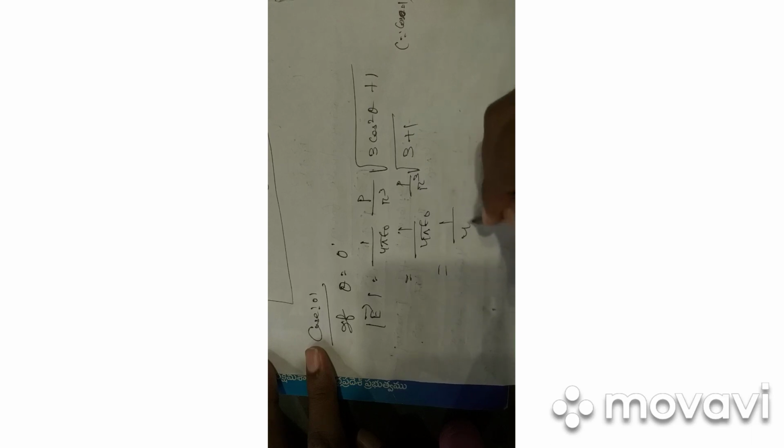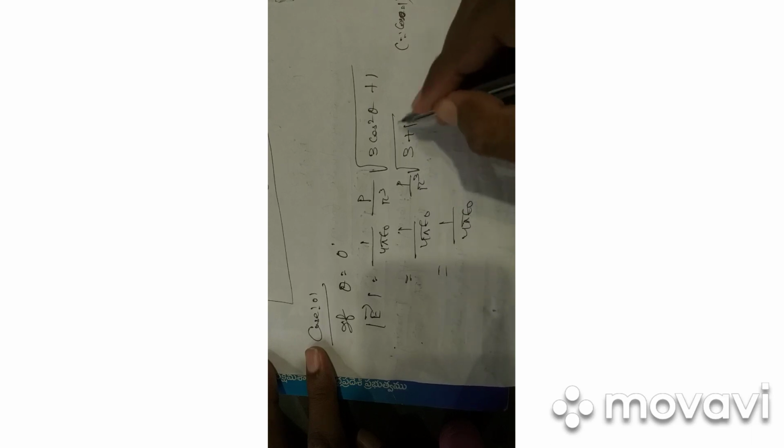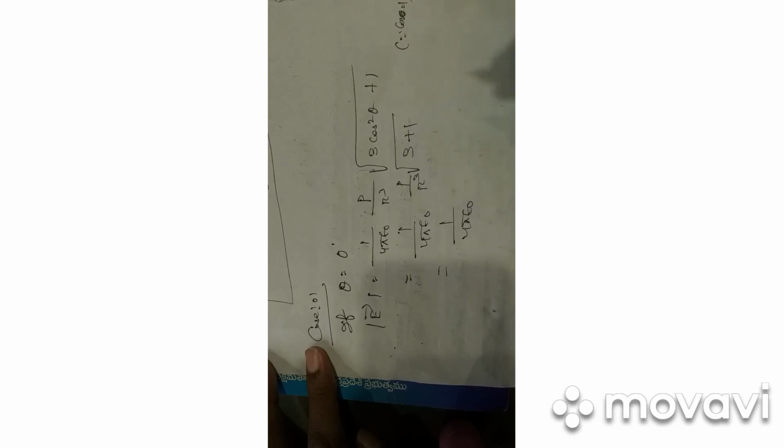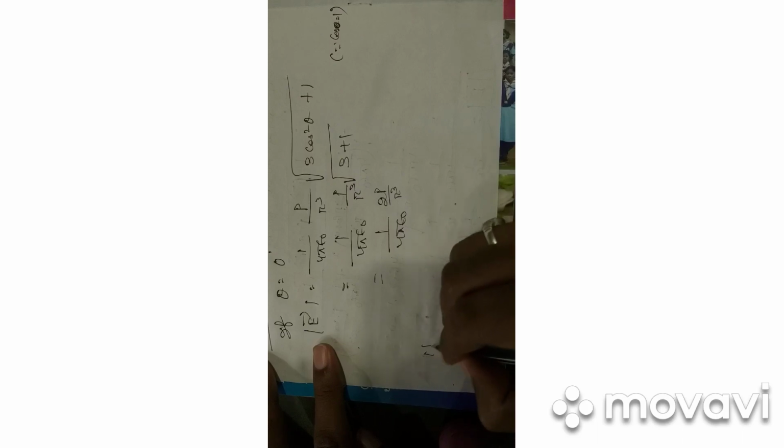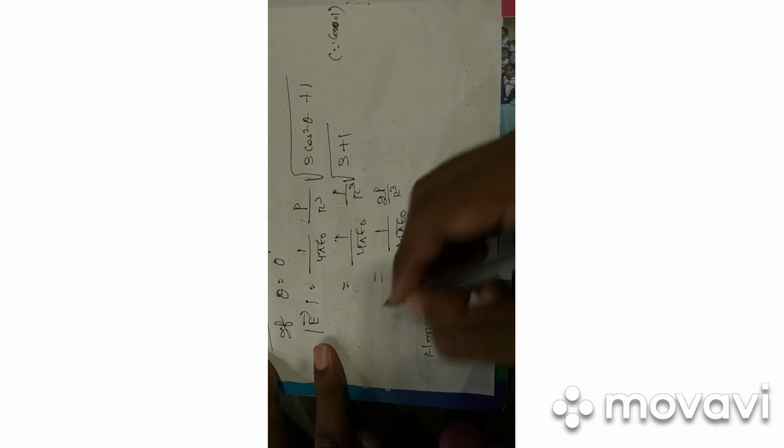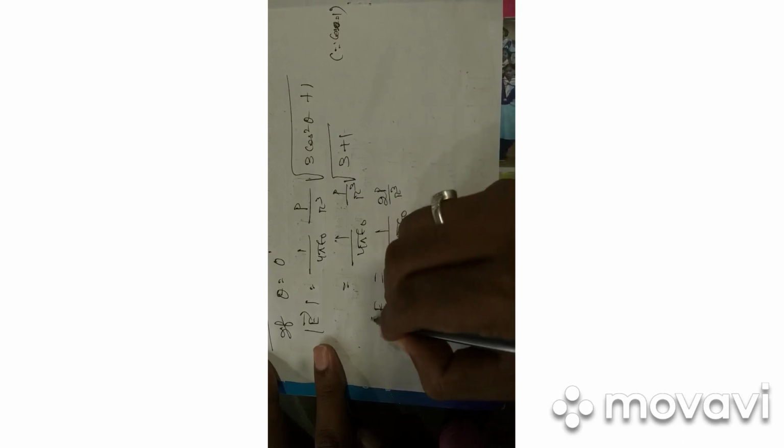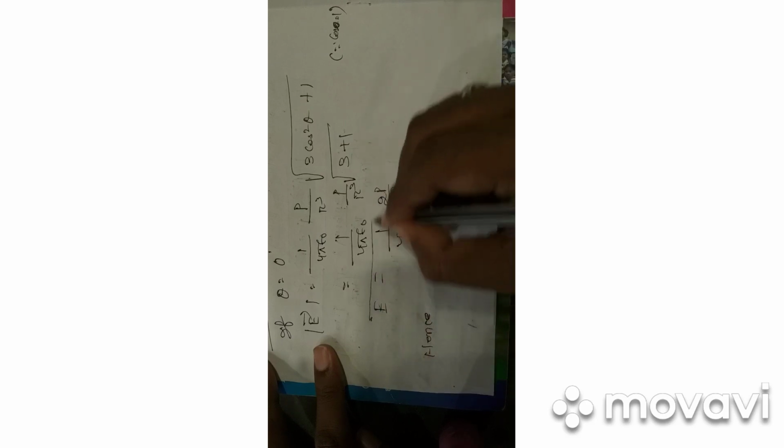The square root of 4 is 2, so that means 2p by r cube. Hence the net electric field is given by 1 by 4 pi epsilon 0 2p by r cube.